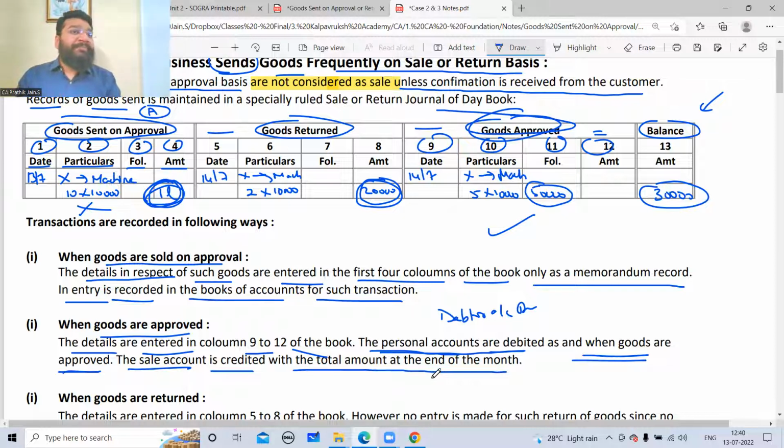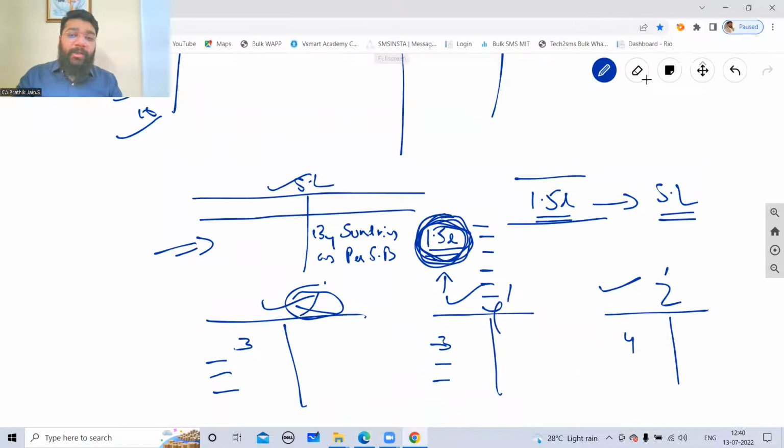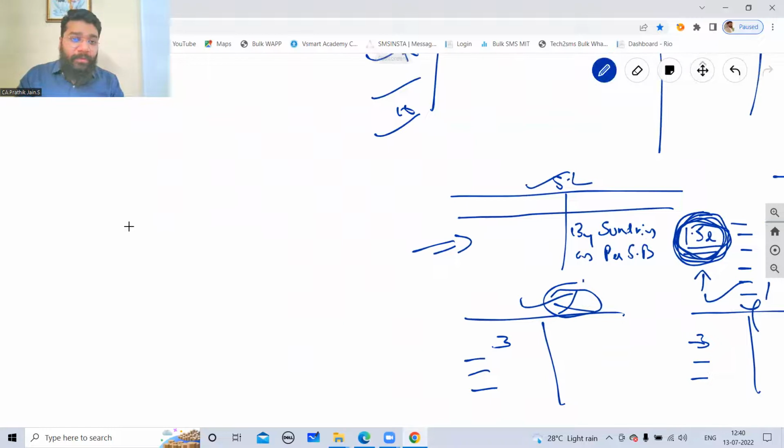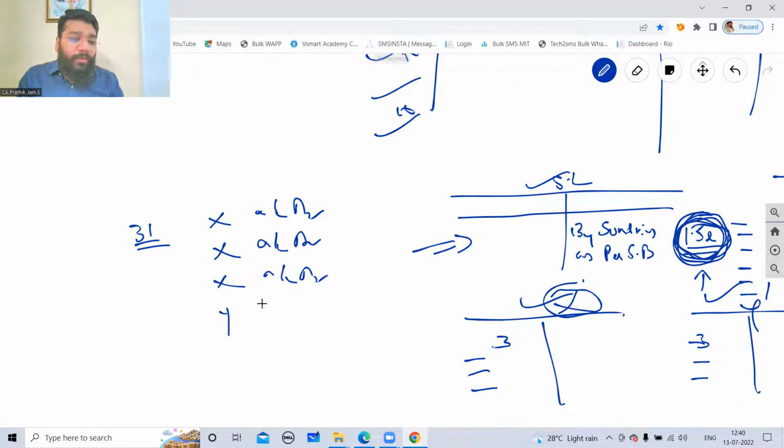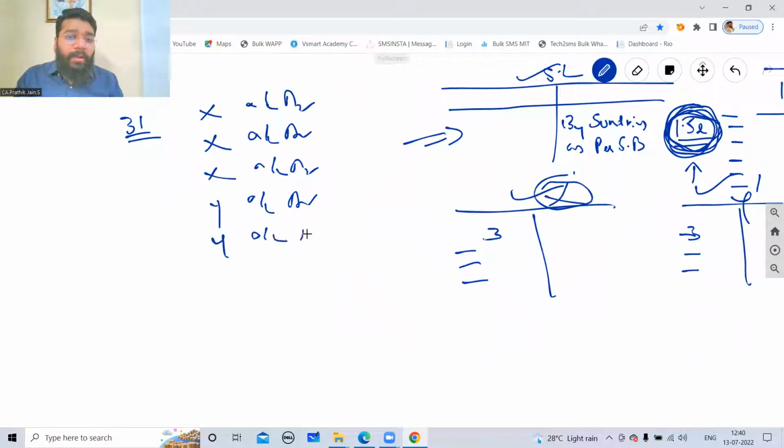So what will be my entry on 31st of March? On 31st March, the entry will be X account debit, X account debit, X account debit, Y account debit, Y account debit, Y account debit. Like that, Z 4 times will come.